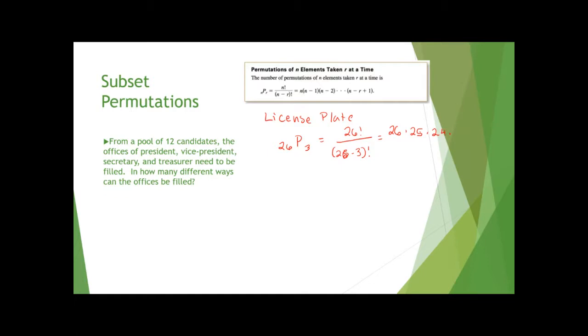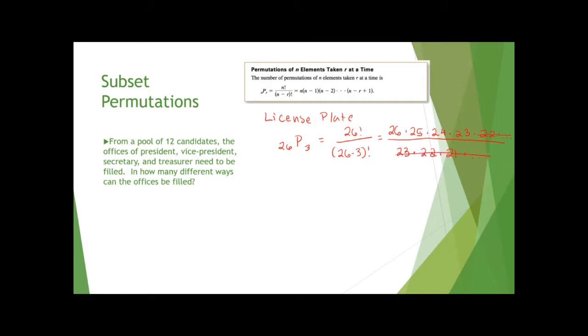So I'm going to just, I know the red doesn't look good on the green, but bear with me. 26 minus 3, let me erase that actually, so 26 minus 3 is 23. So 23 factorial is 23 times 22 times 21, and so on.